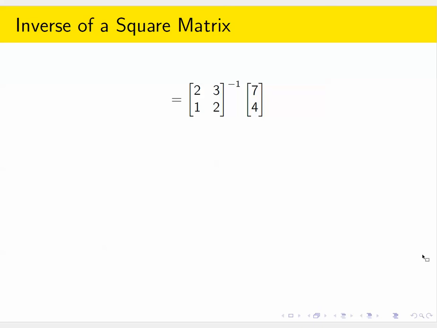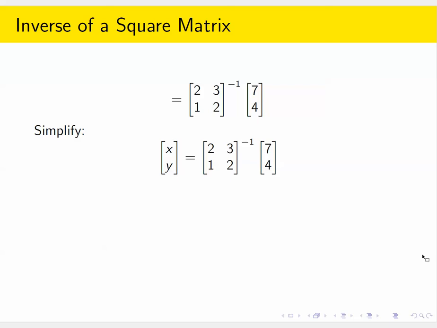So on the right side, we have the inverse times 7, 4. You can simplify the left side because the matrix times its inverse gives you an identity, and the identity times xy gives you xy.